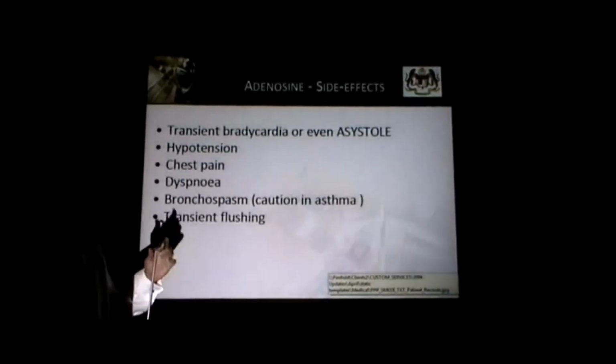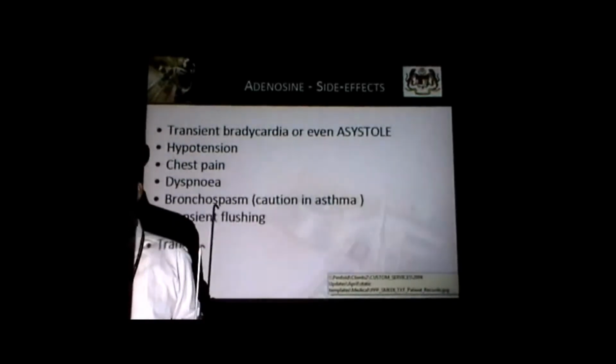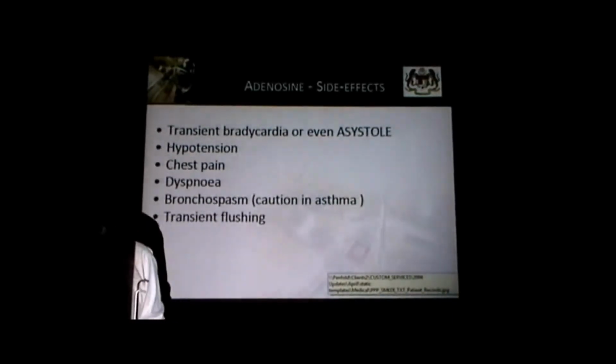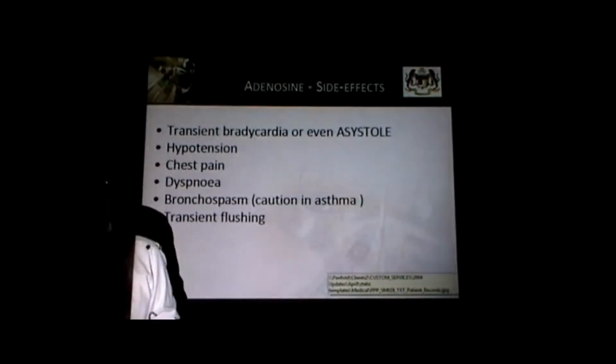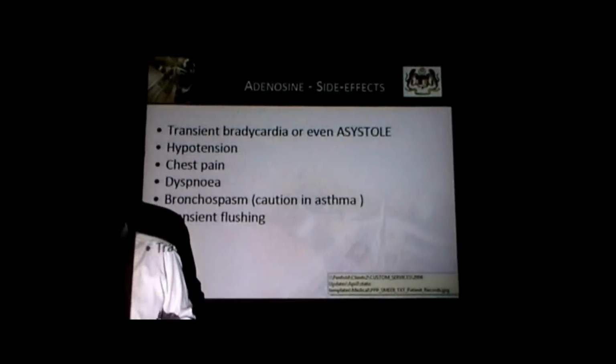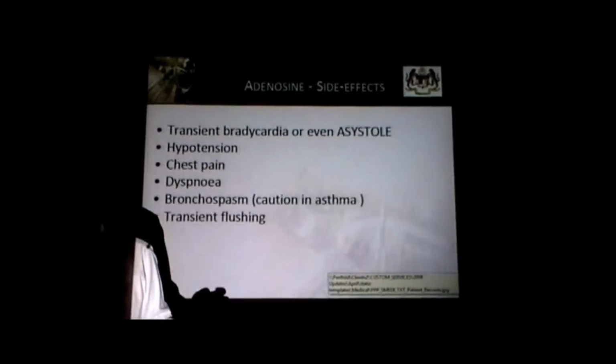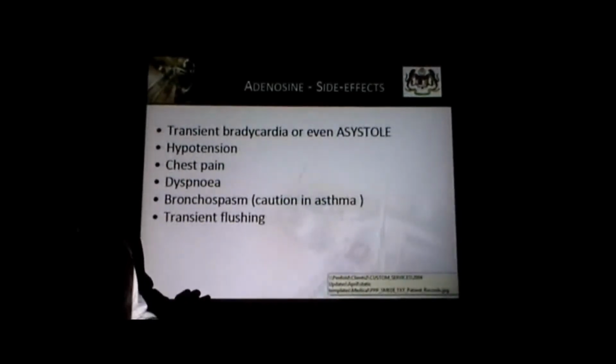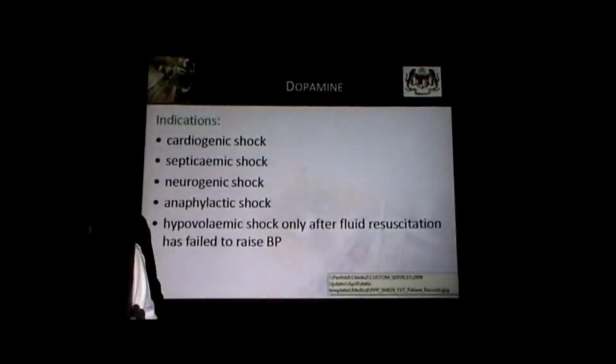Okay, so basically these are the side effects which we need to tell the patient. Okay, transient bradycardia, because patients who are alert will easily get panic when they listen their heartbeat becoming less and suddenly stop.